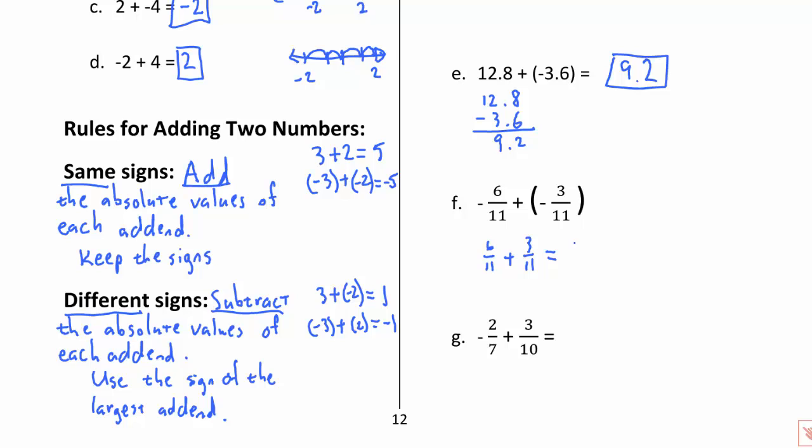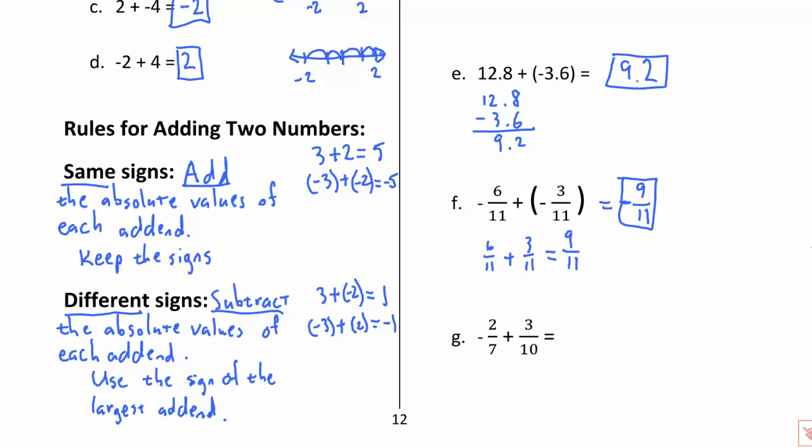So 6 plus 3 is 9, and you don't add the denominators, you just keep them the same, 11. And then you'd simplify this if you can, but you can't. So the answer here is going to be 9/11, but because they're both negative, we have negative 9/11. Make that a little bit more clear that that's negative.